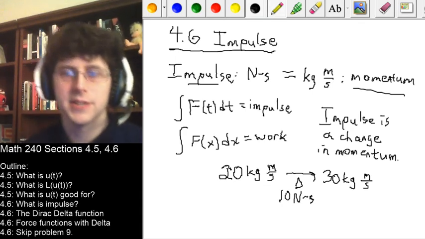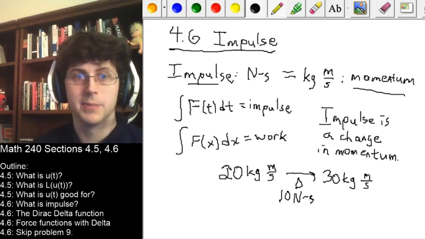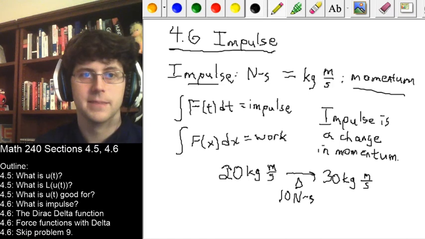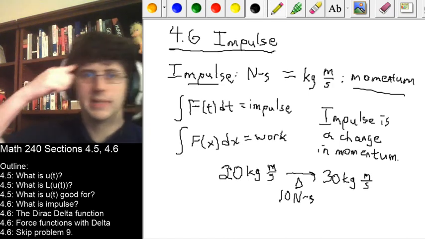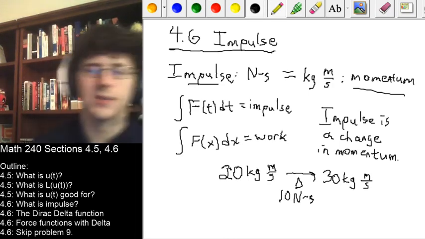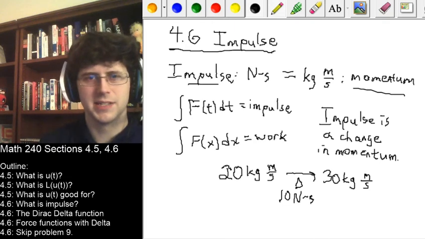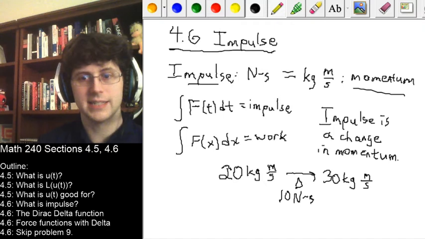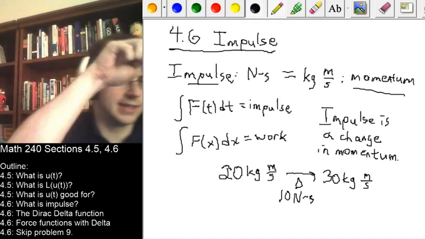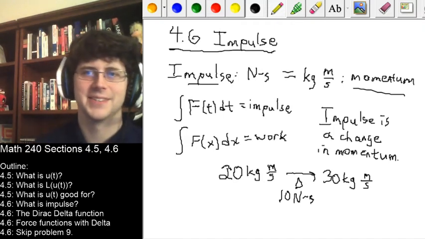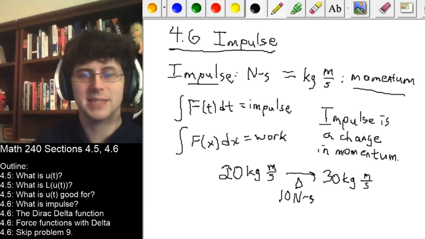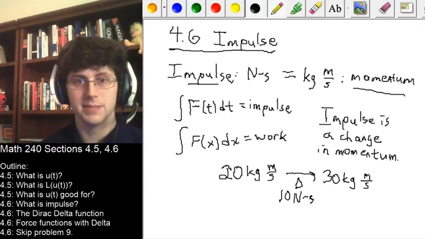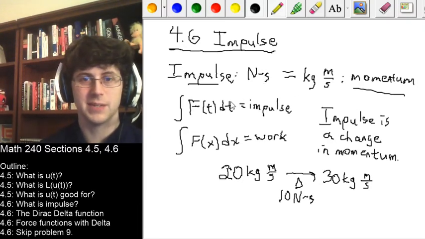Impulses are interesting because you can actually give something an impulse at an instant. If I push myself like this, well, I applied a force over a long period of time. But if I hit an object all in one instant, you're giving it an impulse, but it's happening over a really short period of time.